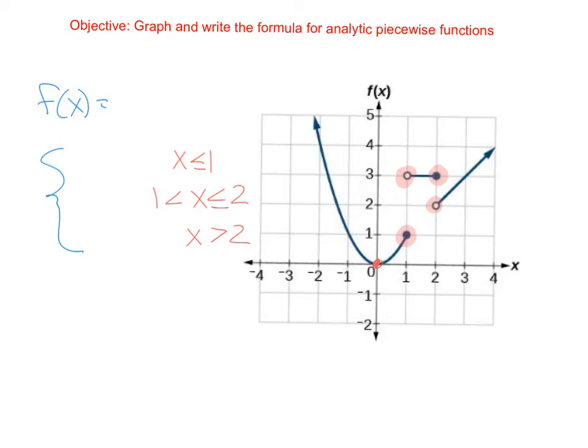Notice the vertex, it goes over one, up one on both sides. That's important because I could give you 2x squared. So over 1, up 1, over 1, up 1, over 2, up 1, 2, 3, 4. So that's just a regular x squared, which is why it's really good to know that shifting rule. And then the middle piece is just a horizontal line at 3.